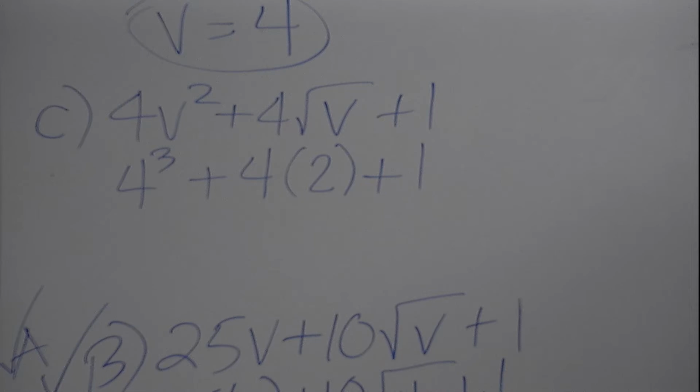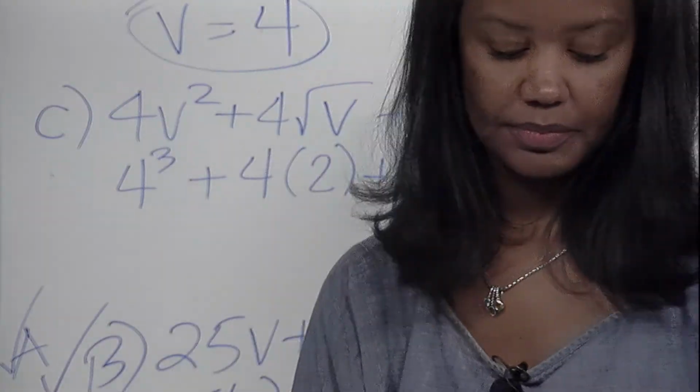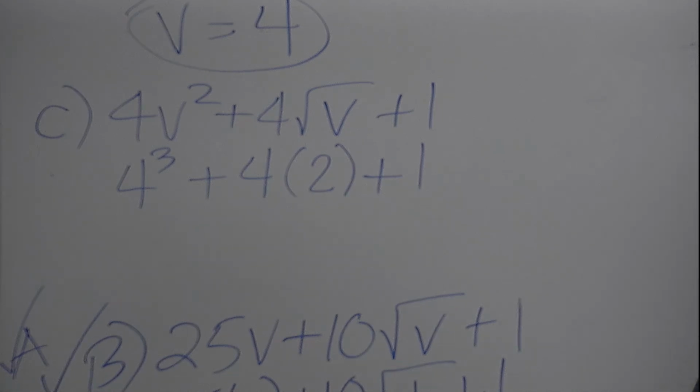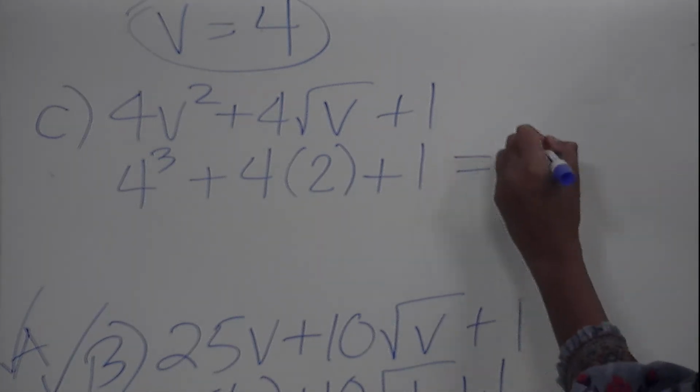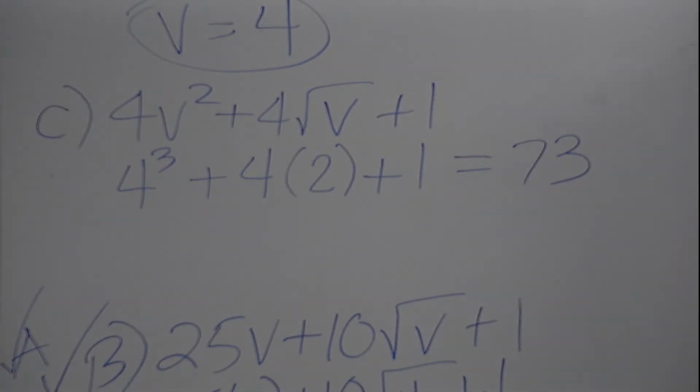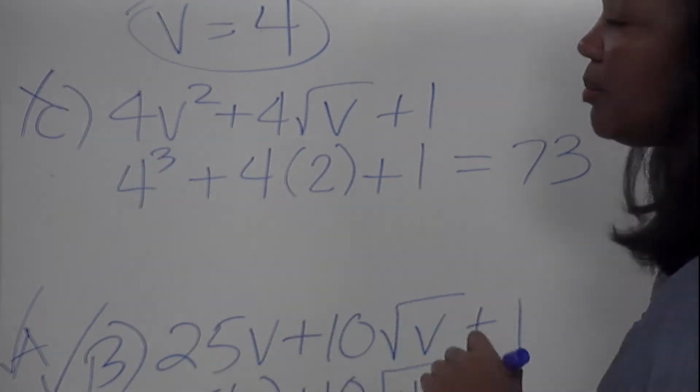Let's do that on the calculator. We'll see that 4 squared is 64, plus 8 plus 1 is 73. 73 is not the square of an integer, so therefore C is not a possible answer.